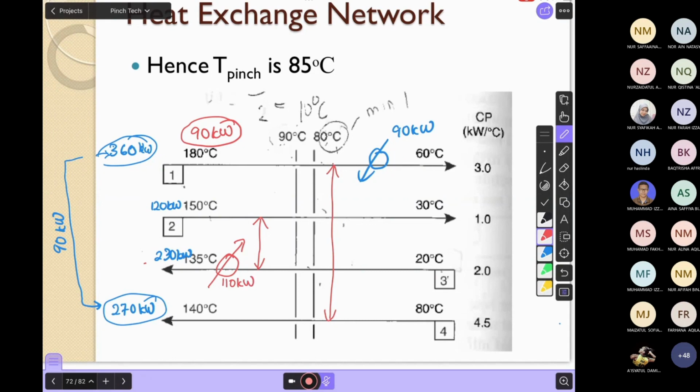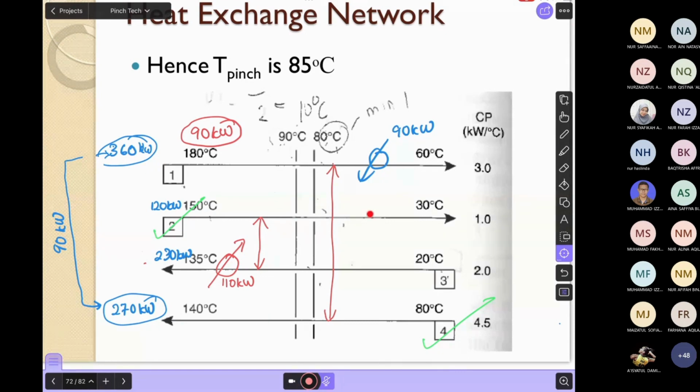Okay. So stream number 2 settle lah. Stream number 2 settle. Stream number 3 settle. Kalau ikutkan settle lah. Maksudnya you have the pair for the stream. Maksudnya no need to have a heater for stream number 4.